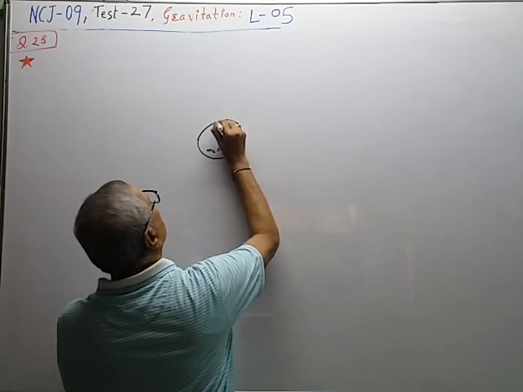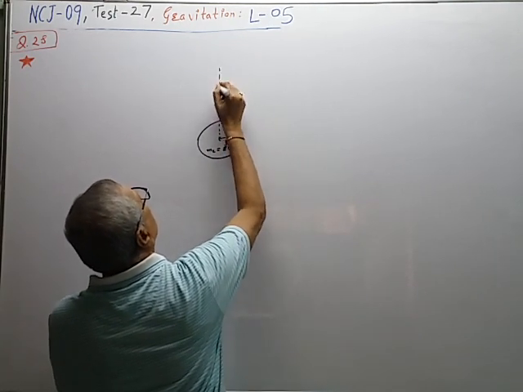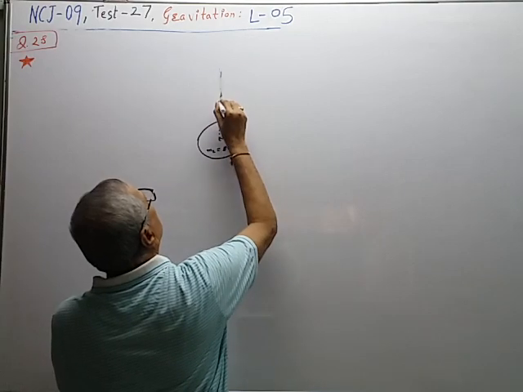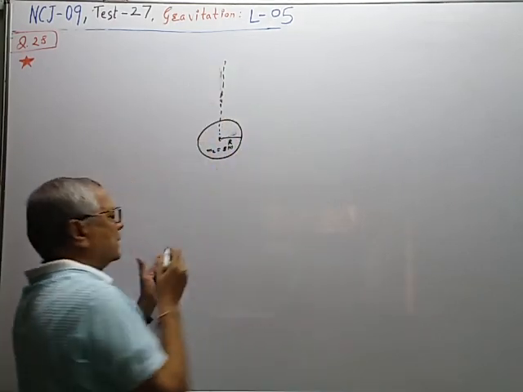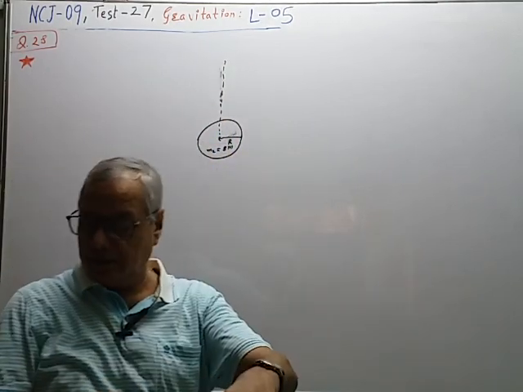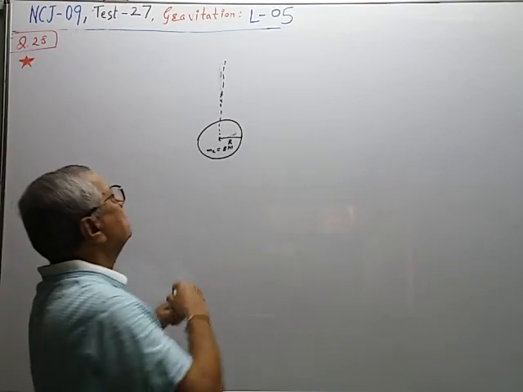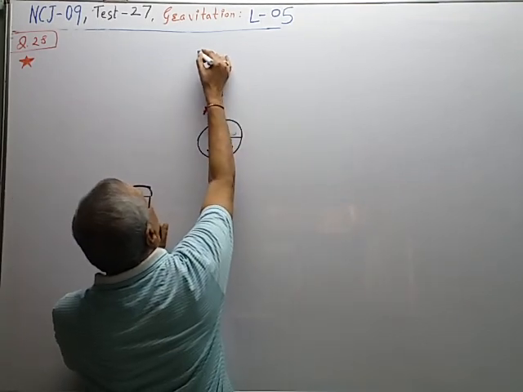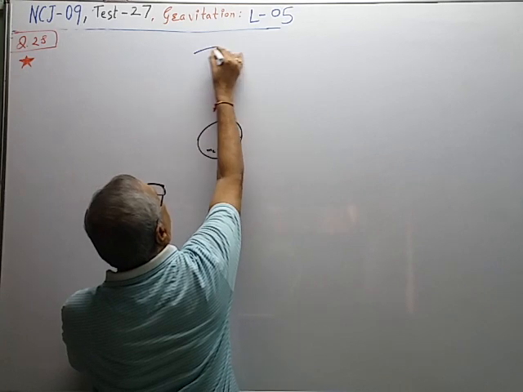So directly above there is a ring of mass M. It has again same radius.